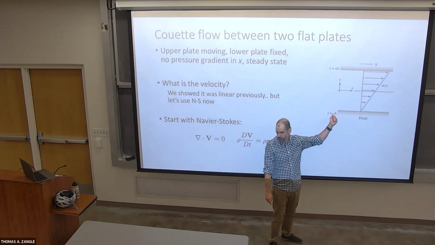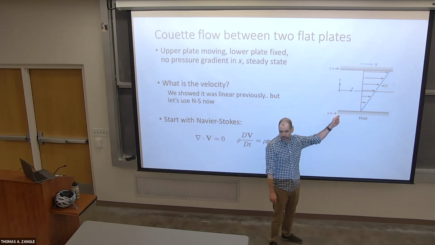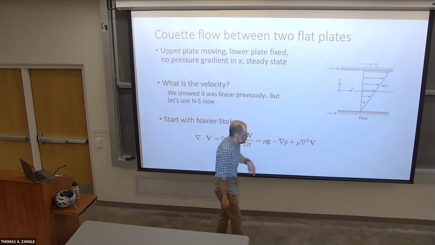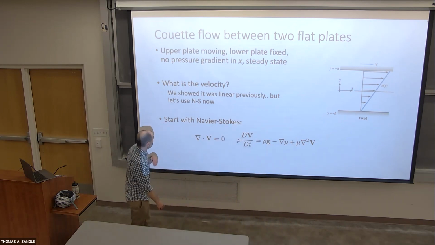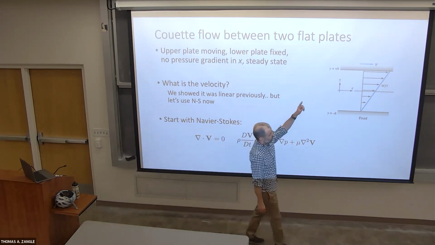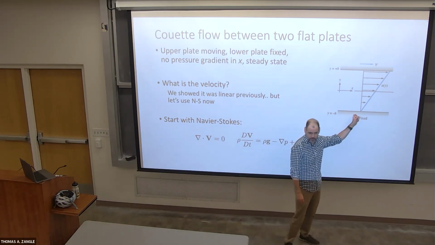In your first homework post exam, you'll do a similar kind of derivation for pressure driven flow, so follow along. The setup here is that we have the upper plate moving at some known velocity v and a lower plate fixed.